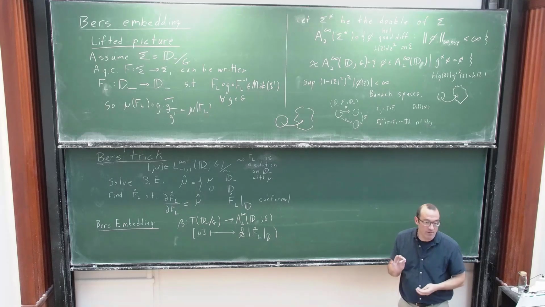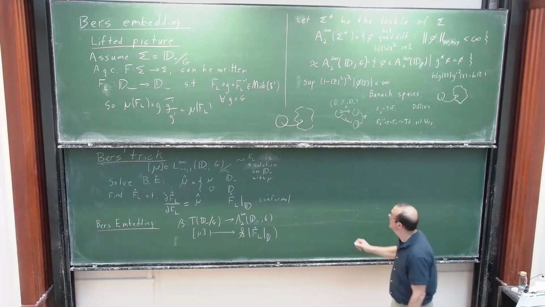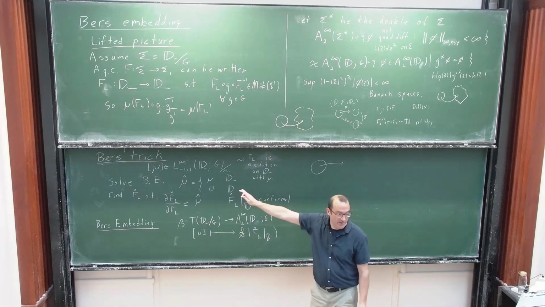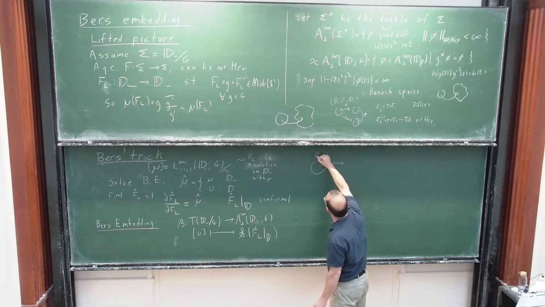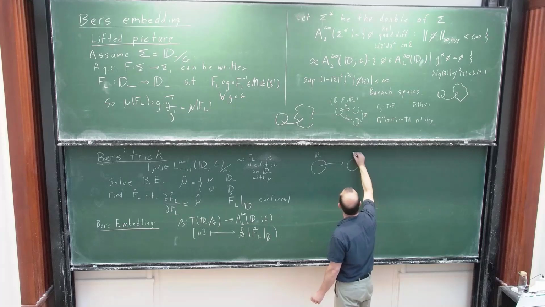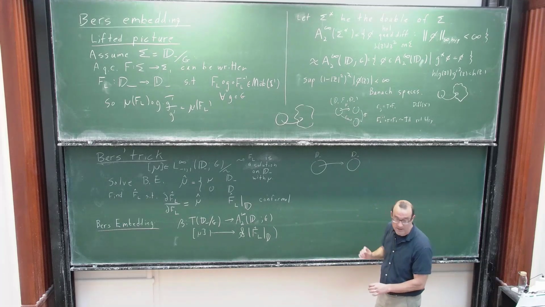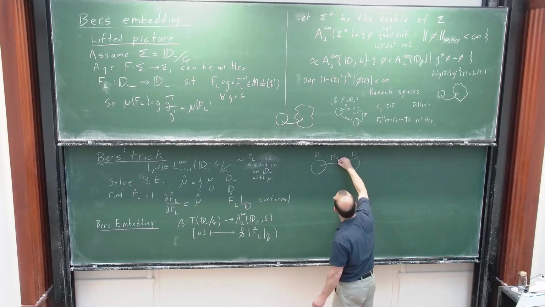Okay, how about I draw a picture in the case of just the disk? We remove the group invariance, okay? So forget about the group invariance. We take a deformation of the disk. And actually this is where conformal welding comes in. It's in the background here. So you have some quasi-conformal map.